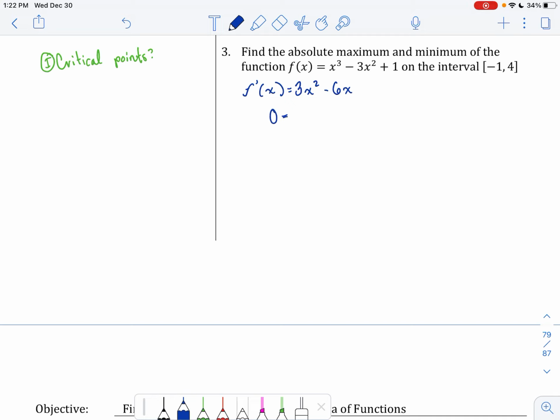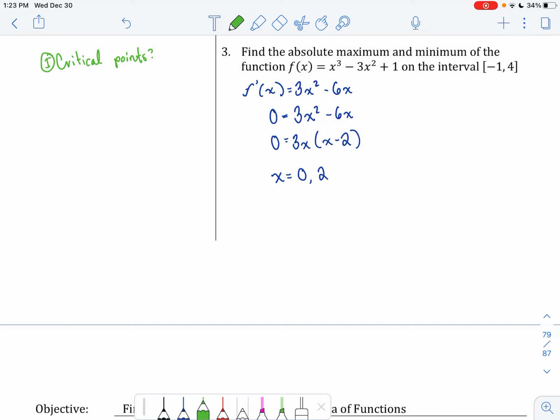Set it equal to 0 to find the critical points, so 0 is equal to 3x squared minus 6x. This is a quadratic set equal to 0, so I will factor 3x times x minus 2. Therefore, our critical points are at 0 and positive 2 this time.